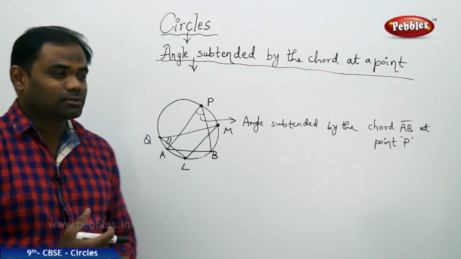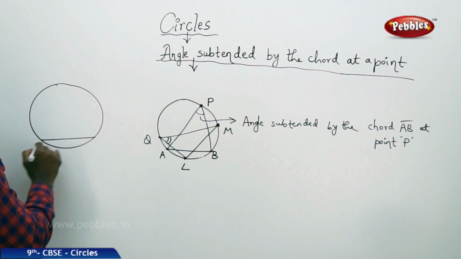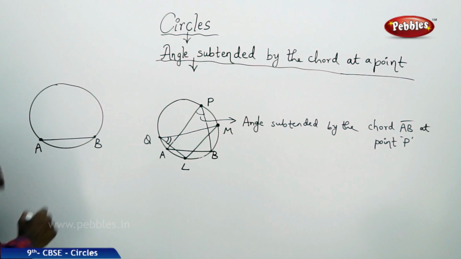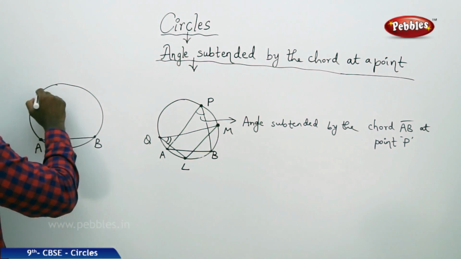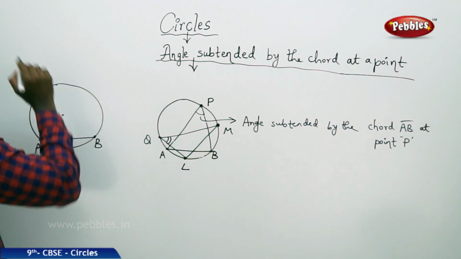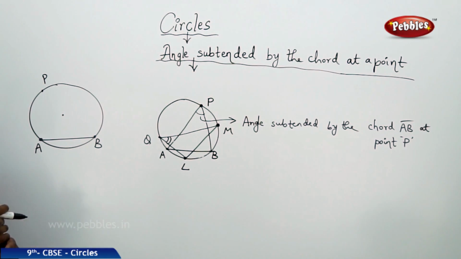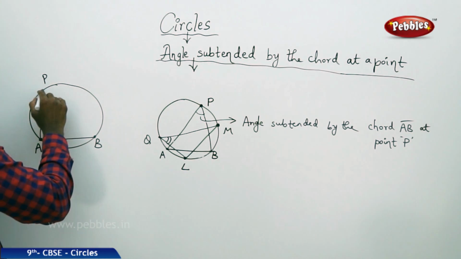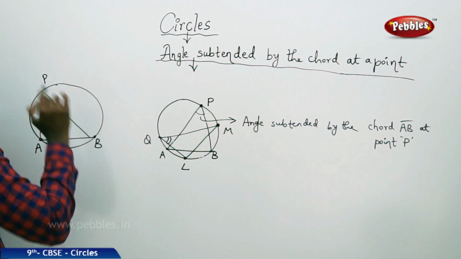It's also very important to note that, say for example, I have a circle in which I have a chord AB. Say I have a point P out here. So let's see if the angle which I make on this diagram is the angle subtended by the chord AB at P. So let me just join this and let me just join this.